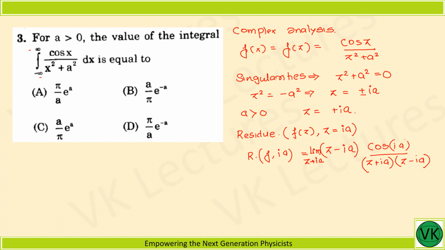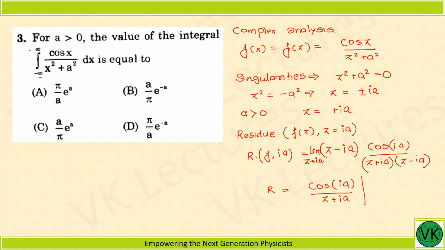Now applying the limits, you can cancel out these two terms. This residue becomes cos of ia by z plus ia.